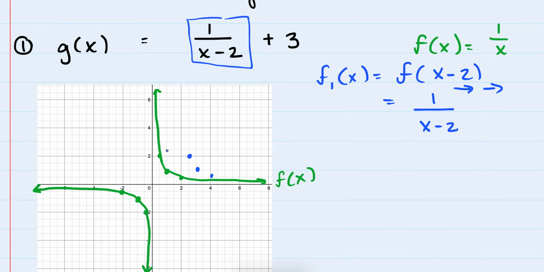This asymptote is also moved over 2 units. So now this asymptote, I'm going to draw it right here, just so I have a visual clue of how this graph's going to look. It's going to go really close to that asymptote. And the asymptote here doesn't really change. And then this point is moved over 1, 2. This point is moved over 1, 2. And this one is moved over 1, 2.